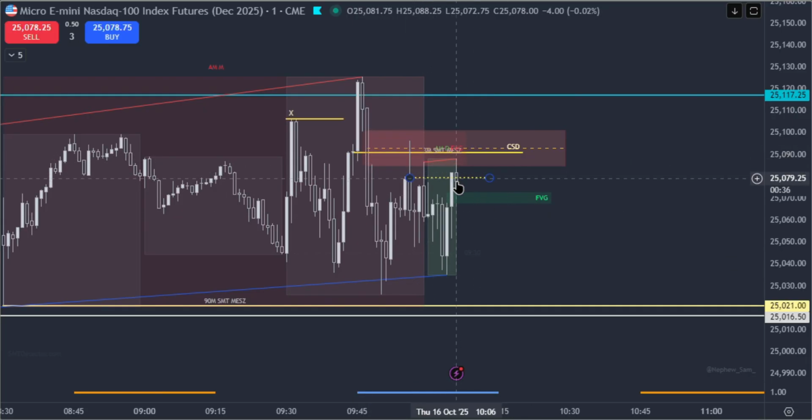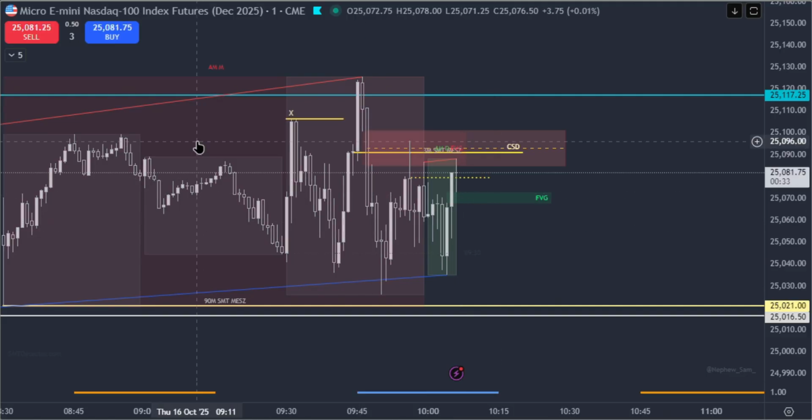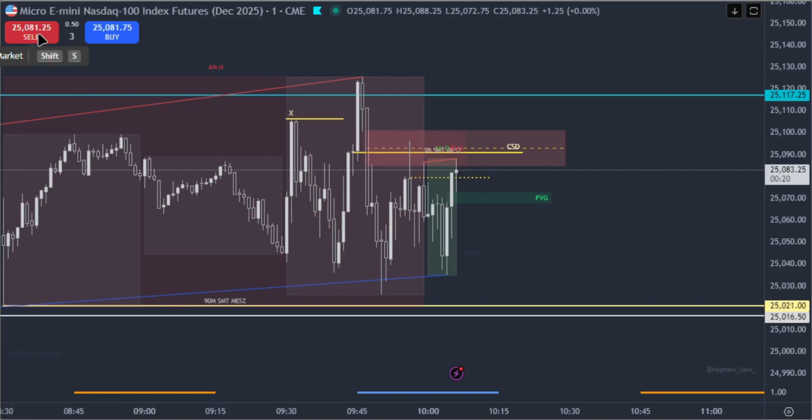We need to close it as a wick. A few more seconds. About to close.